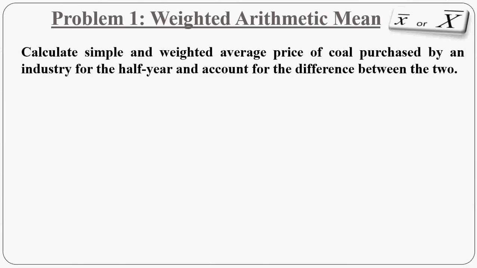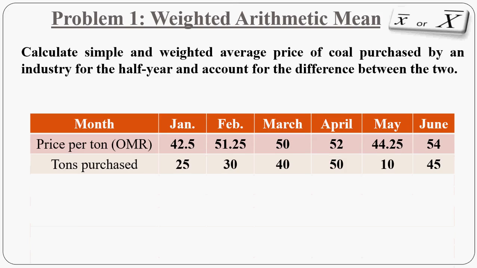Calculate simple and weighted average price of coal purchased by an industry for the half year and account for the difference between the two. The table details are given from month January to June. Price per ton is also given. Tons purchased is also given. By taking this problem, let us see how to solve weighted arithmetic mean.